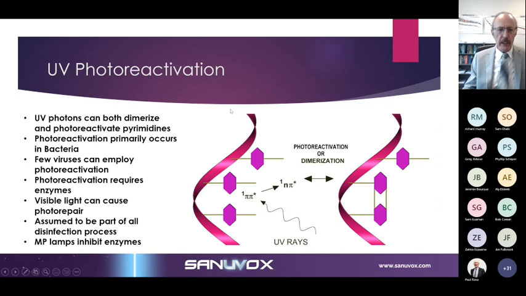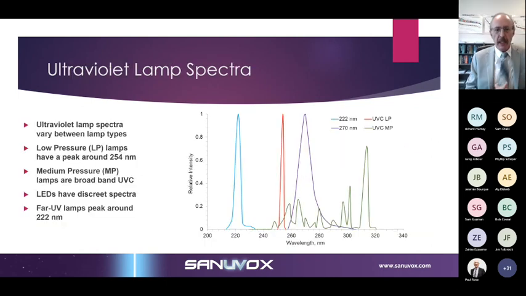Now, it could be noted that medium pressure UV lamps, which have a broad band of UV radiation, can inhibit enzymes, and therefore there may be less photoreactivation when we use medium pressure lamps as opposed to low pressure lamps. Let's look at the ultraviolet lamp spectra of the common lamps.